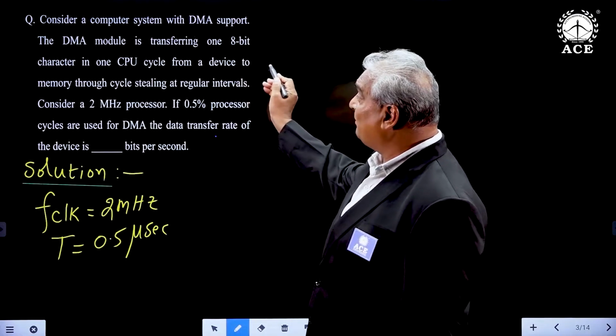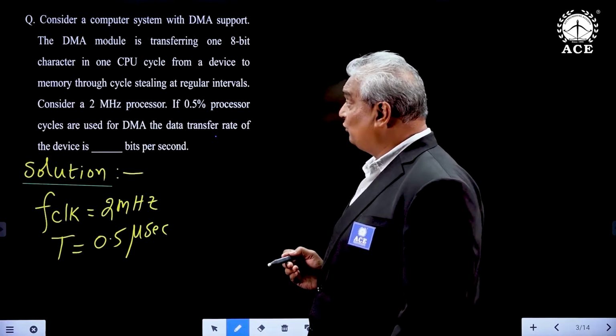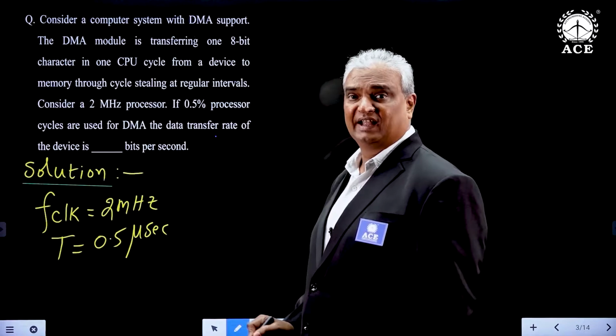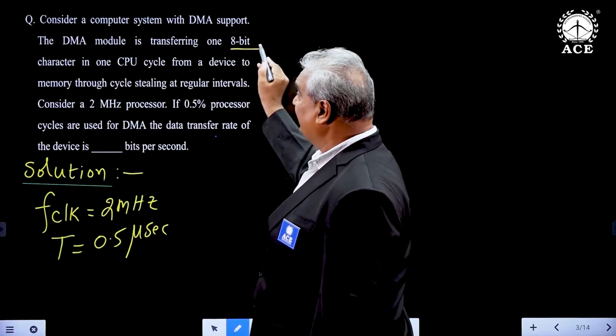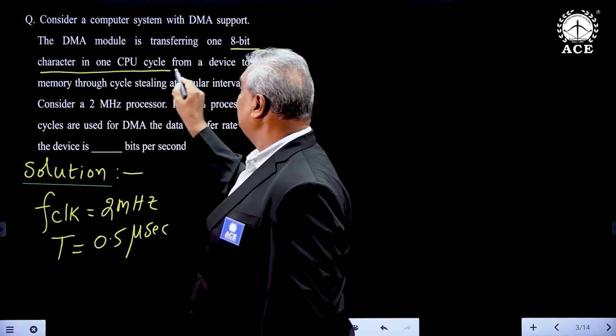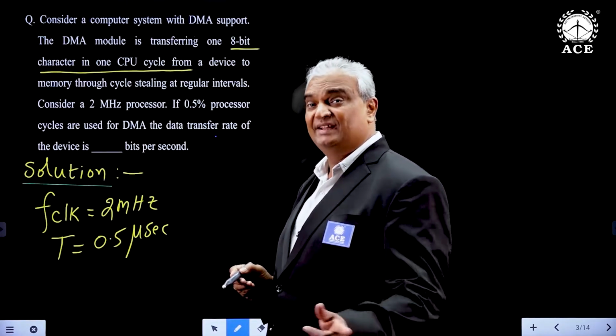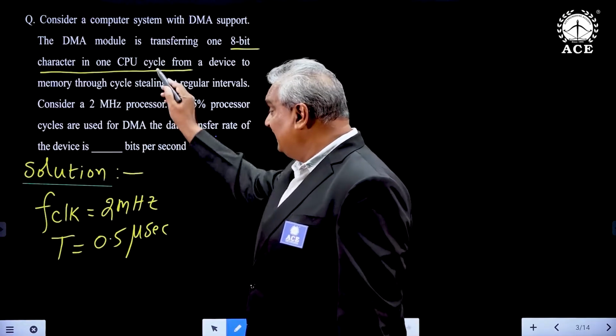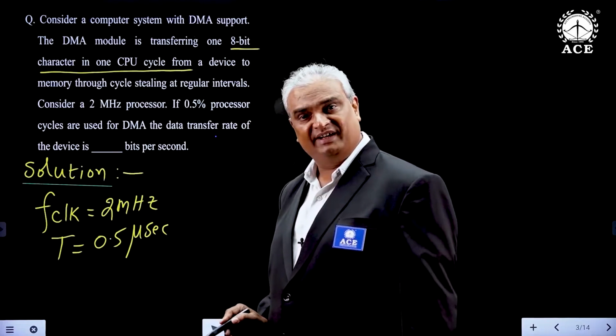Next, what about the size of the data to be transferred in 1 clock cycle time? He mentioned an 8-bit character in 1 CPU cycle. Means, what about the CPU cycle time? 0.5 microsecond.